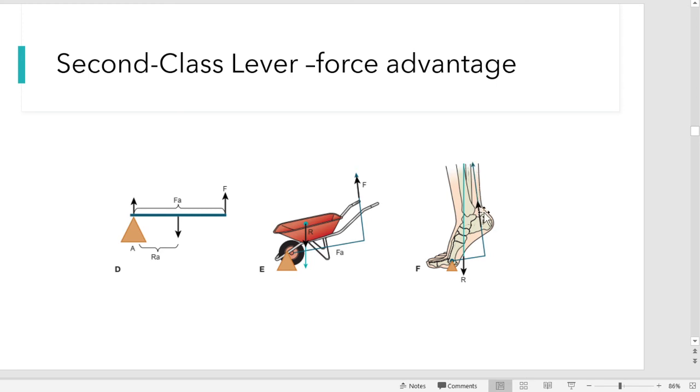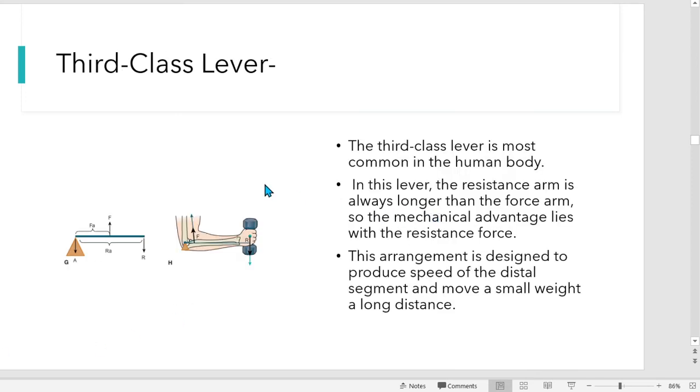So this is the line of force of the Achilles tendon. Perpendicular to that, from here to here, is your force arm. So with this, only a small amount of exertion of your gastrocsoleus muscle, you can easily lift your body weight. Less effort, but with great load. So that is the second class.